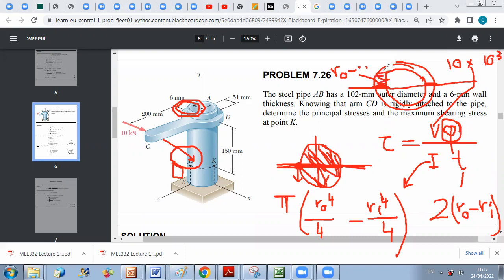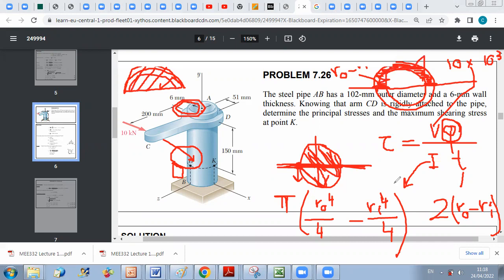Now, of course, you can go to the formula sheet. The formula sheet will give you, or if you want, you can say I can go to the formulas of Q of a semicircle, and I take Q of the outer one minus Q of the inner one, and I get then the first moment of area of this part about the neutral axis.